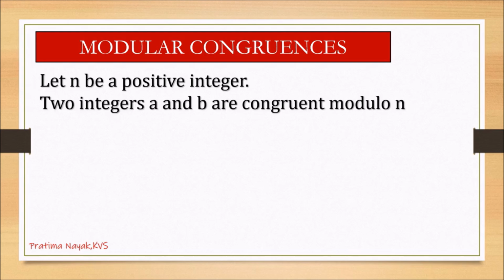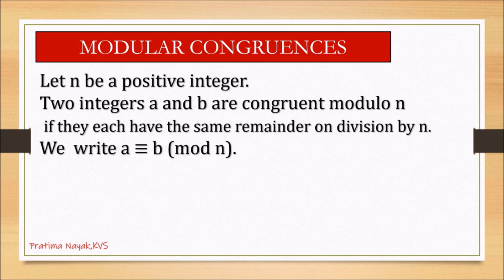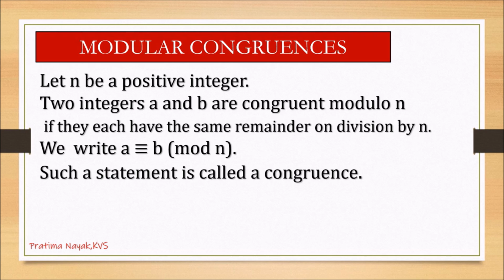Two integers a and b are congruent modulo n if they each have the same remainder on division by n. We write a ≡ b (mod n). This is the mathematical symbol. Such a statement is called a congruence.